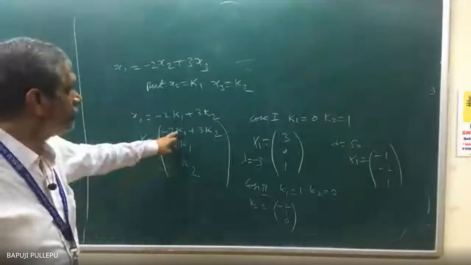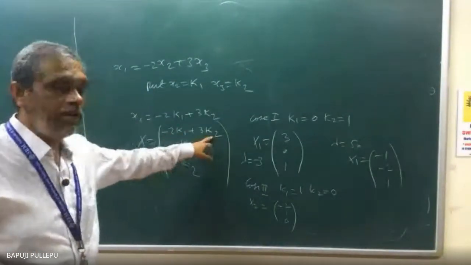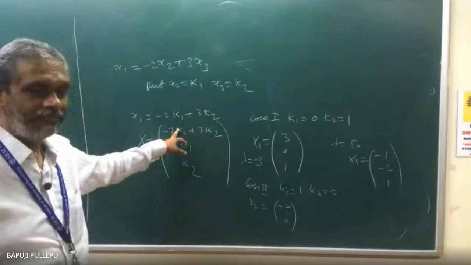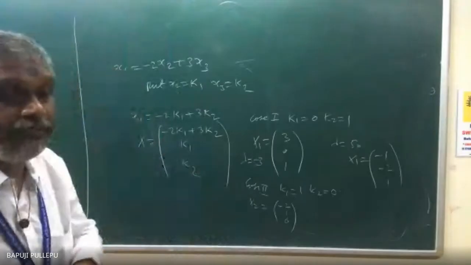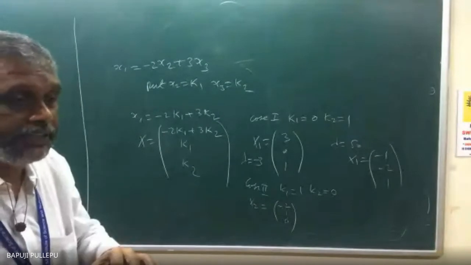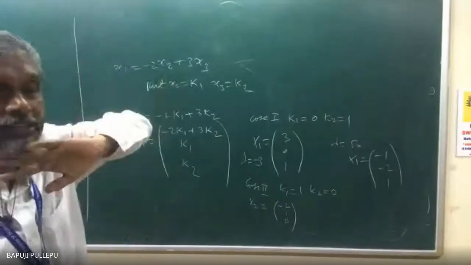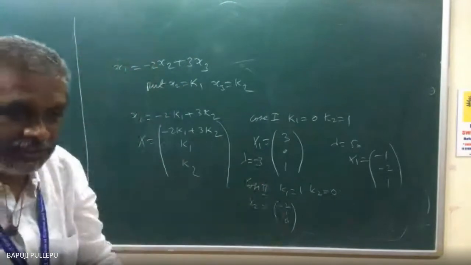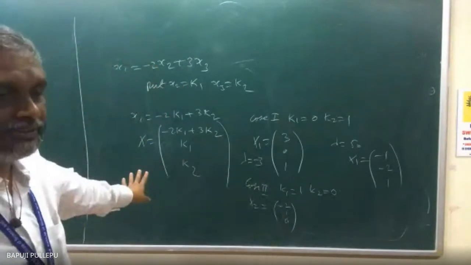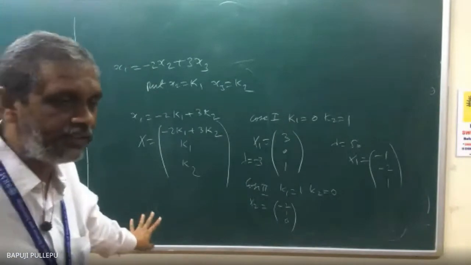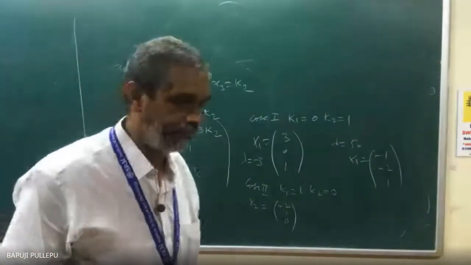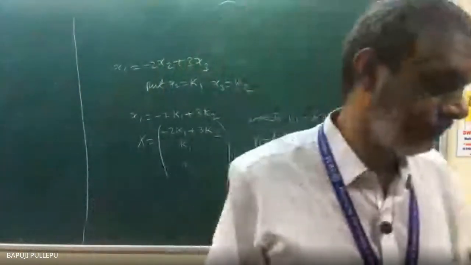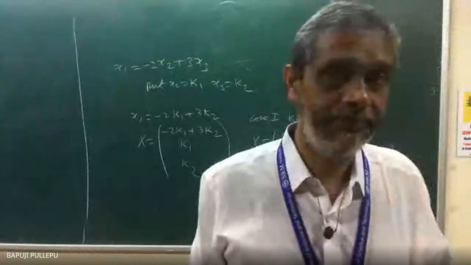Put k1 is equal to 3, k2 is equal to 2, and automatically the full thing becomes 0. That is the third case you can write. I am discussing only two cases here, where two eigenvalues are equal. Clear? Yes, sir.